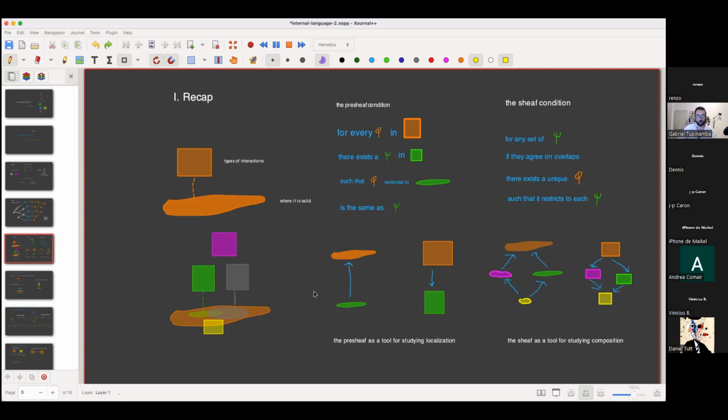It says that we can localize things and show that they're compatible, but we don't necessarily have a unique set of things we agree on. Whereas a sheaf condition says it must be unique. Like, whenever we both localize to the same street corner, then we agree on the same principles.